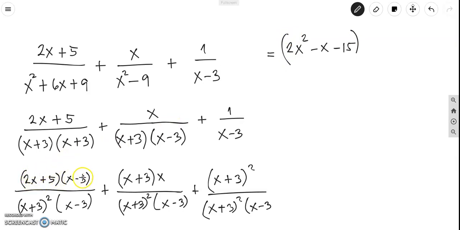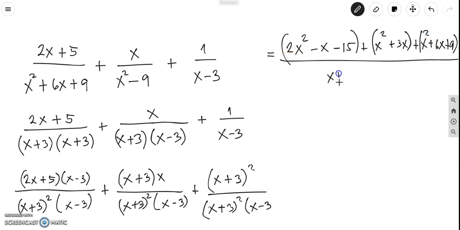Simplify it to the simplest form and it will give you 2x squared minus x minus 15, plus x times x, you will have x squared plus 3x, plus the complete square, so therefore we have x squared plus 6x plus 9, all over x plus 3 squared times x minus 3.